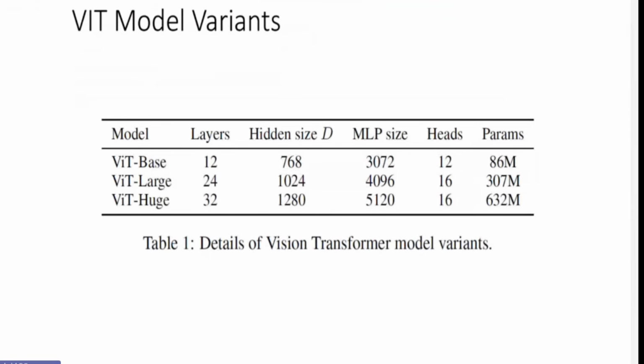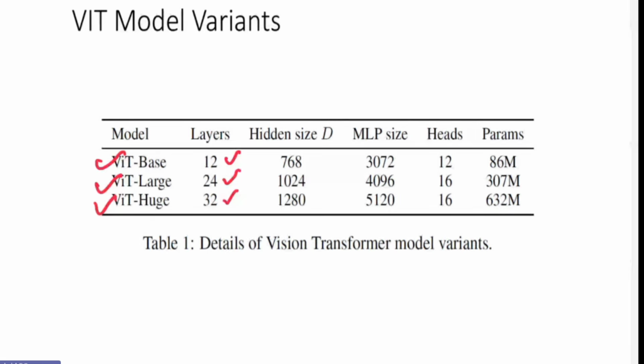They have done experiments with different variants of the ViT: ViT base, ViT large, and ViT huge. ViT base has 12 layers, then 24 layers for large, and ViT huge has 32 layers.